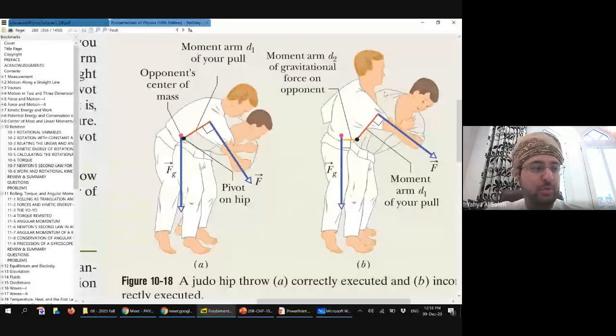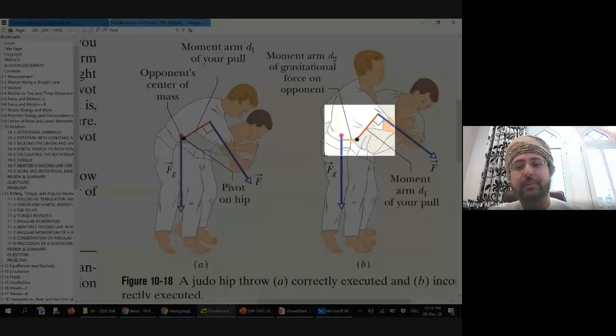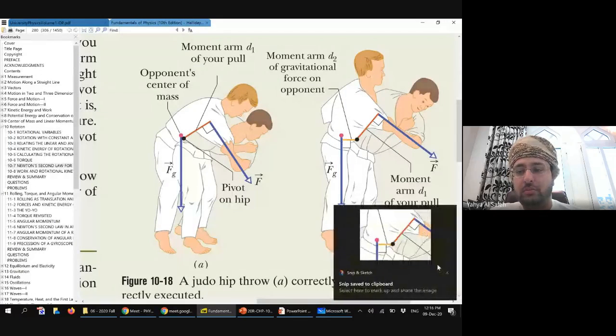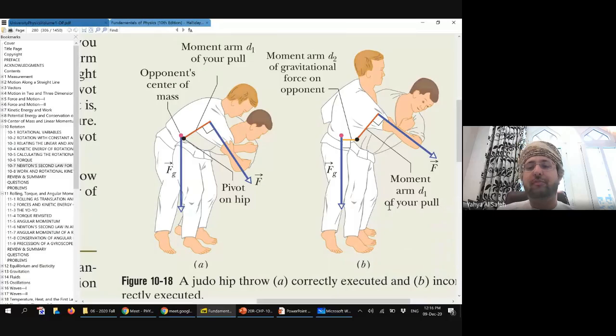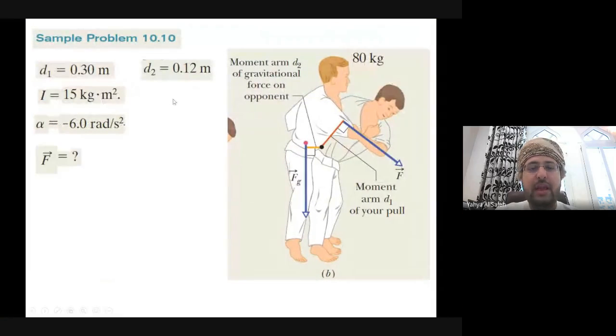Well, now you have an issue because of this. This orange line means there's an extra point. Your center of mass is at a different point to your opponent's center of mass. So your moment arms are different. We have the same inputs, but now we also have another D, which is D2.